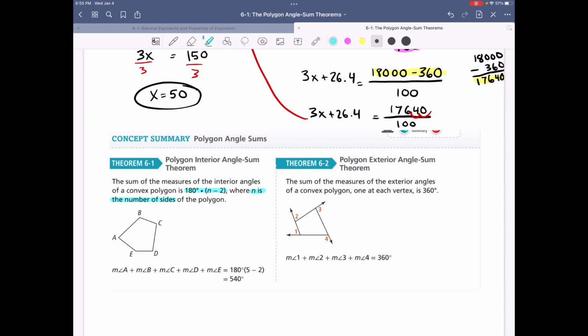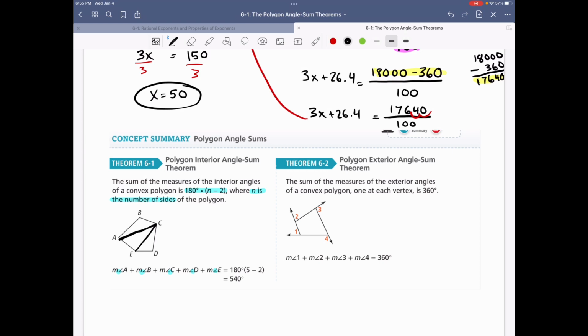So this one has 5, so angle A plus angle B plus angle C plus angle D plus angle E equals 180 times 5 minus 2, because remember it has 3 triangles. So 5 minus 2 is 3, 3 times 180 is 540.